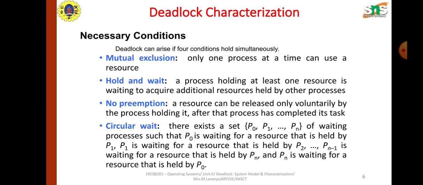Then the second condition is hold and wait. In this, a process holding at least one resource is waiting to acquire additional resources held by another process. This situation is known as hold and wait. Let us consider a process that requires 2 or 3 resources for computing and completing its work.